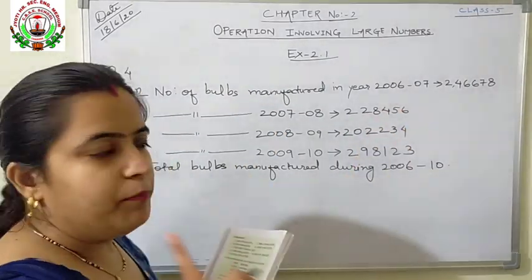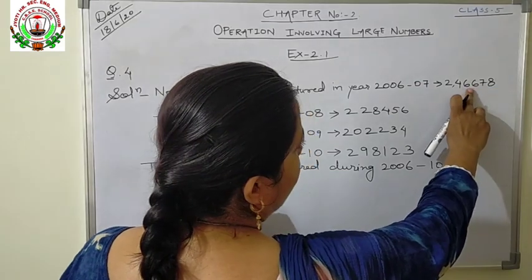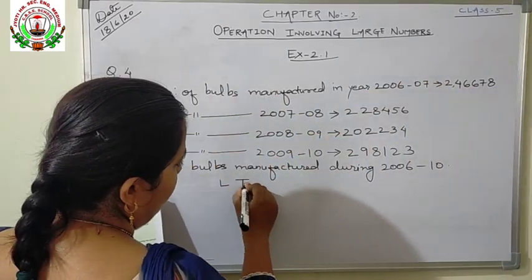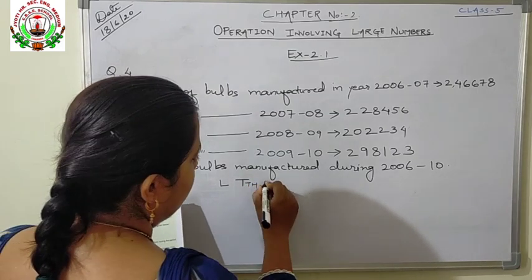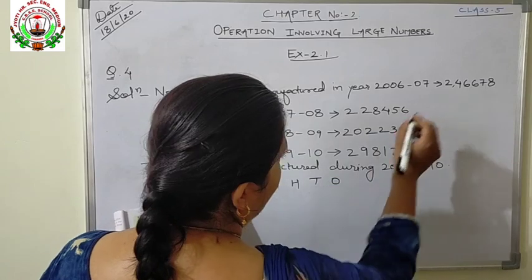First we will write the place values of the digits. It is a lakh number: ones, tens, 100, 1000, 10,000, lakh. So we will write here first the place value lakh. TTH represents 10,000, then 1000, 100, tens and then ones.